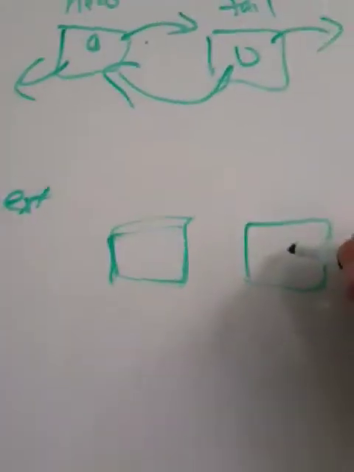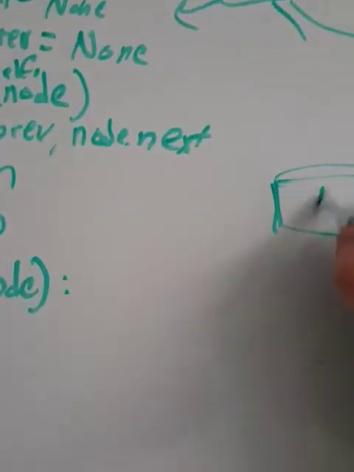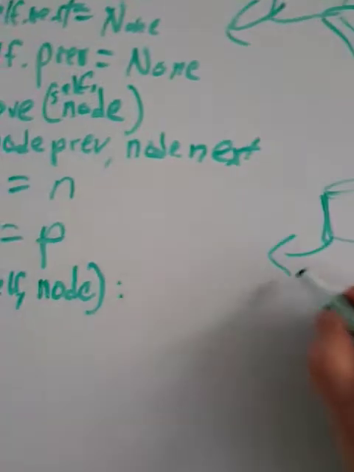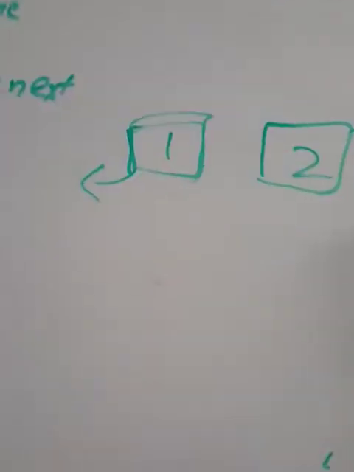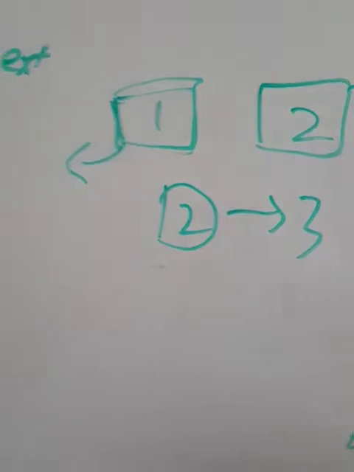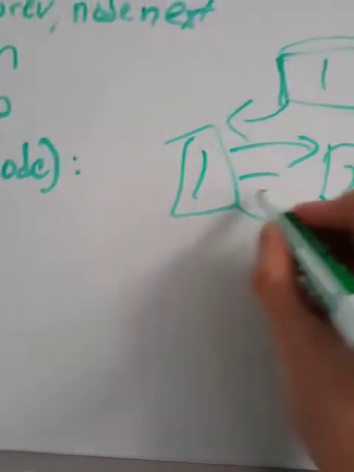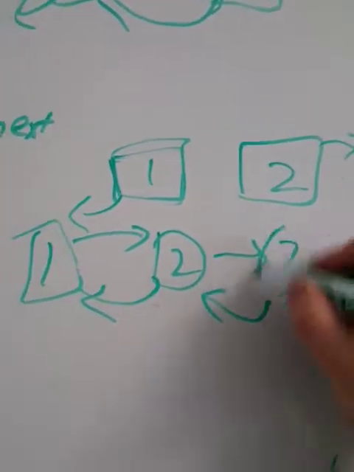Let's say we have 1, 2, and then that points to the tail. If our capacity was 2, it would be 2 and then 3. If our capacity was 3, it would be 1, 2, 3, like that.